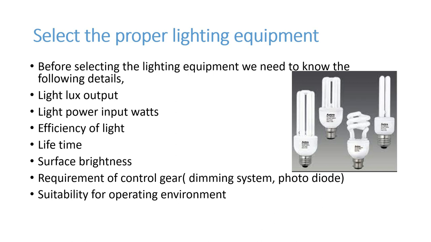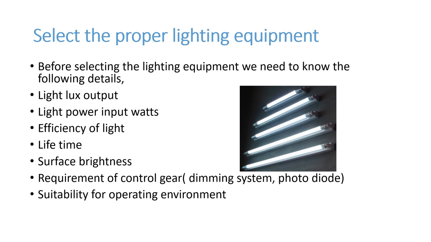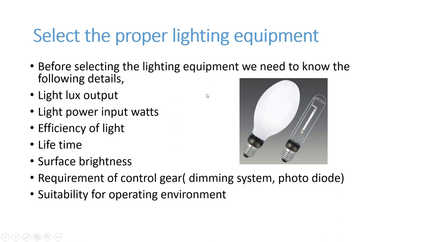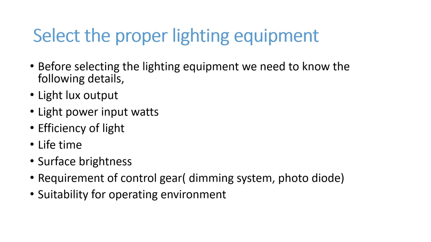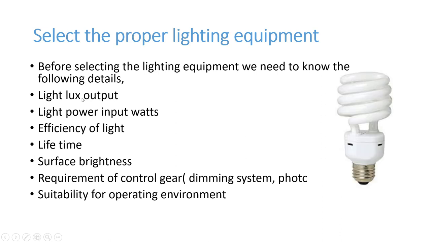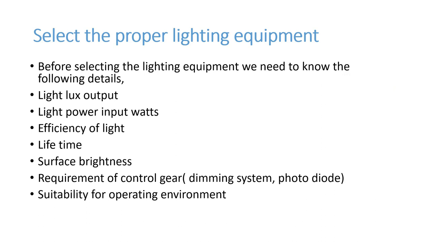Before calculating, you have to choose the proper lighting, because we need the input requirement of the lamp for our calculation. For example, the light lux output, how much lux output the selected light produces, we need to understand.